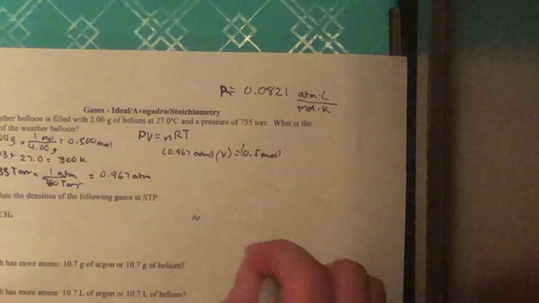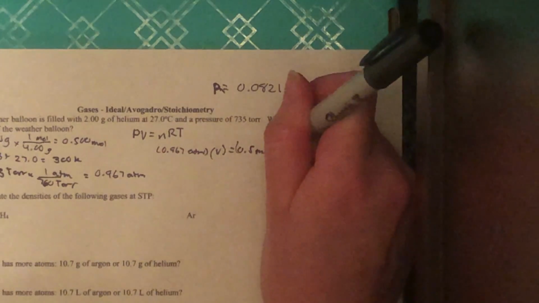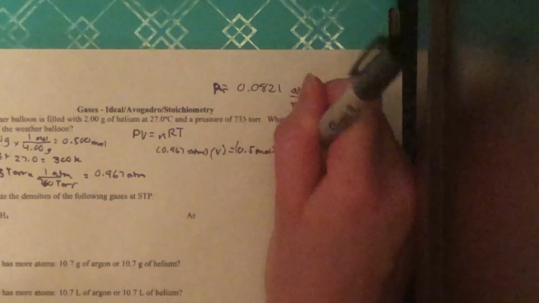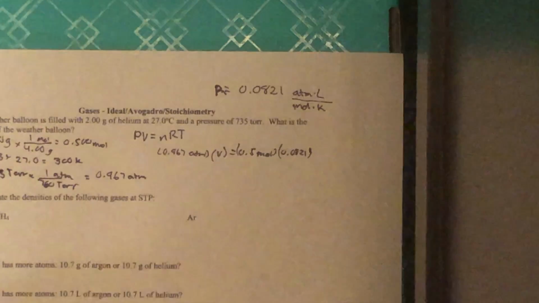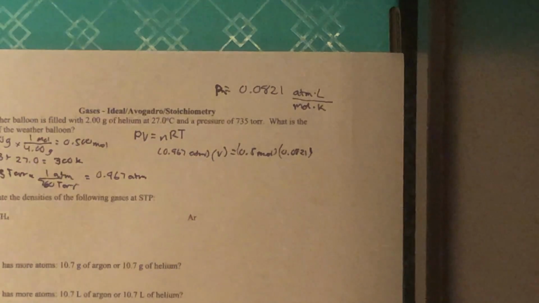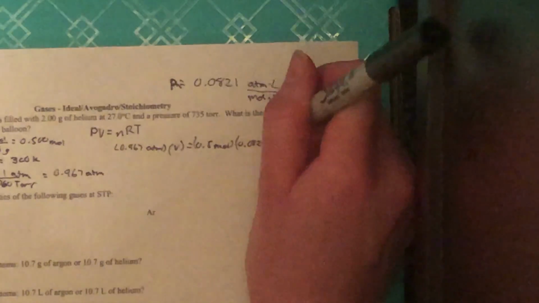R is our constant. And normally I would encourage writing units on that, but we are running out of space on this paper. And our temperature is 300 Kelvin.